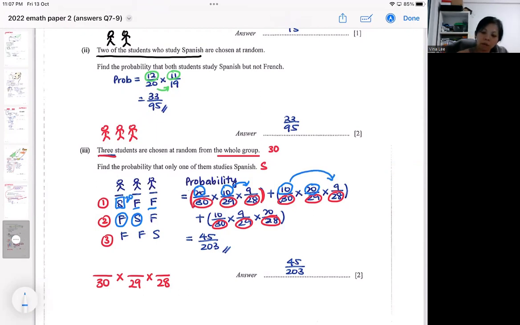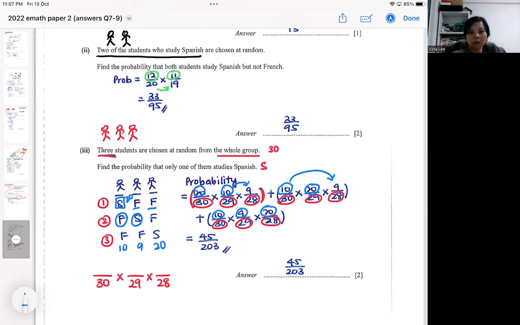So it's the same thing. I have 10 non-Spanish to start with, then after that, I'm left with 9. I still have 20 Spanish guys to start with. So the numerator is just reshuffling, but the denominator is fixed.